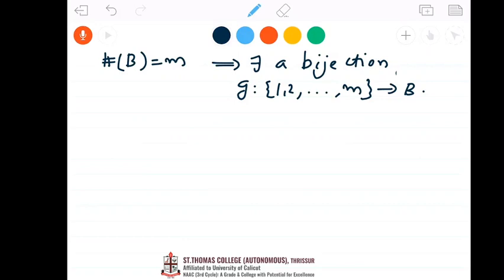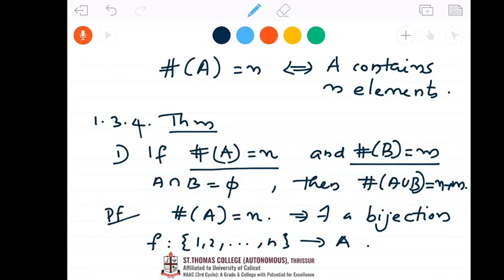So, if there is a bijection f from 1, 2, 3, etc. up to n to A, then this is a bijection. Bijection means it is onto.